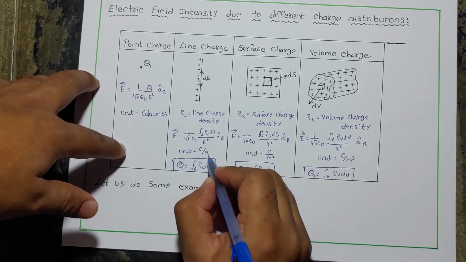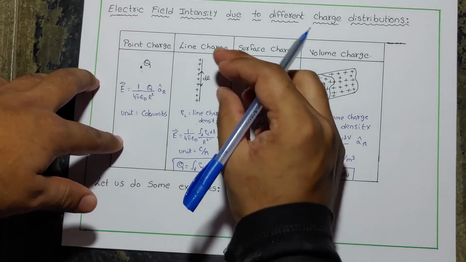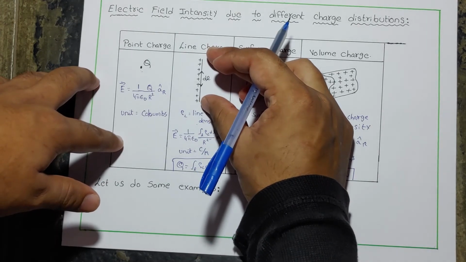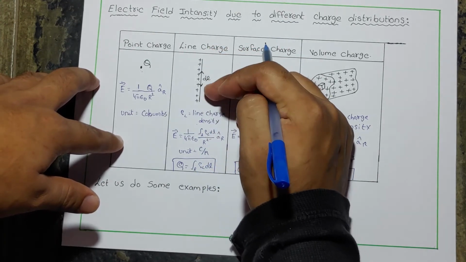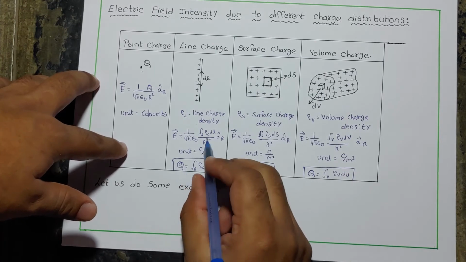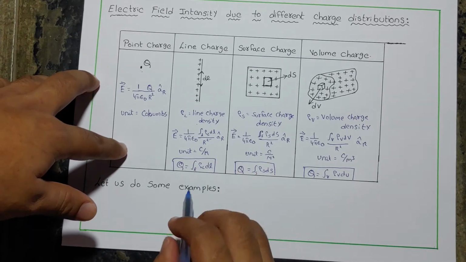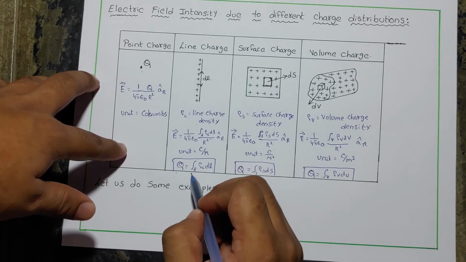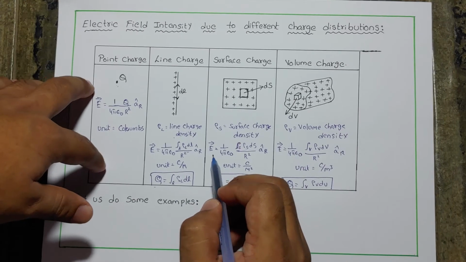Unit for this is coulomb per meter, as it is a line, which has only one dimension, meter. Let us define the charge separately. Q is equal to line integral of rho L dl.